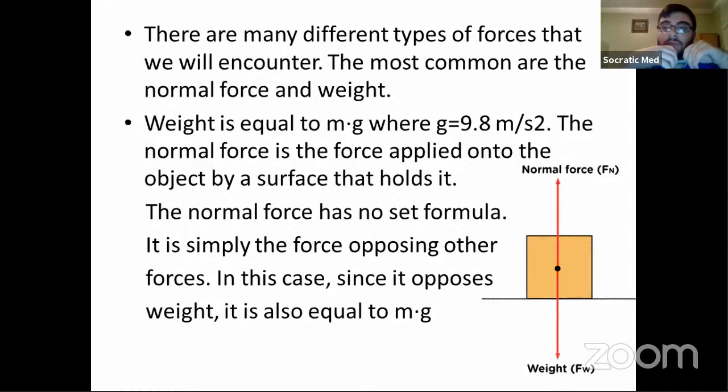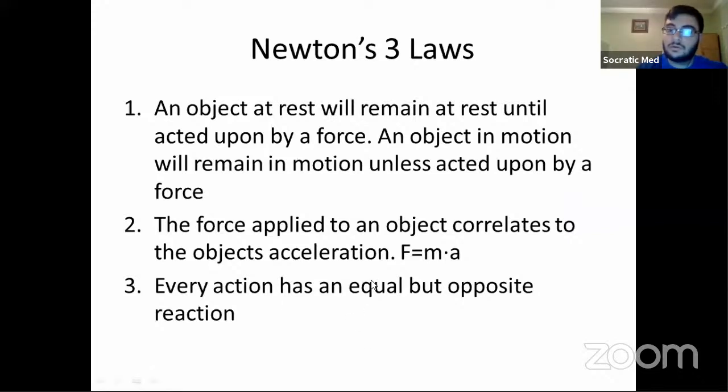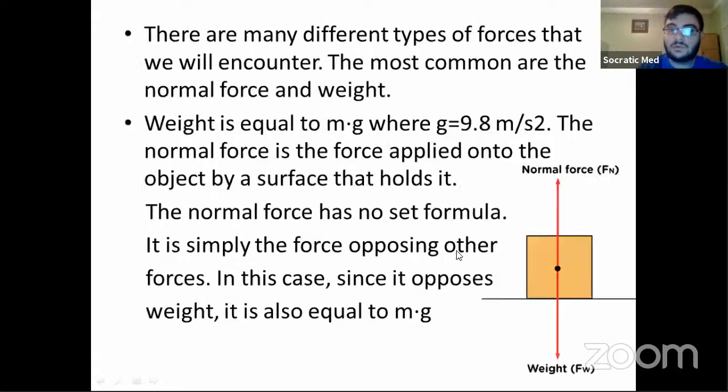It's equal to 9.8 meters per second squared. Okay, and again, weight is a force, and it's equal to mg. If we look at this exact equation again, F equals ma, well, the weight force is equal to m times g, which is an acceleration. So this follows a very simple law.